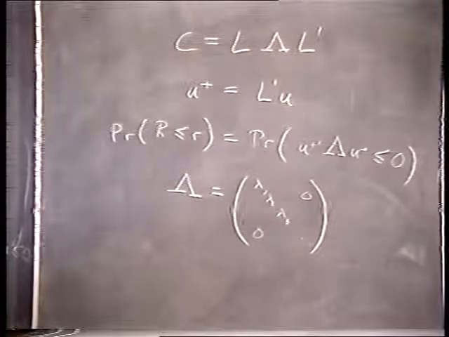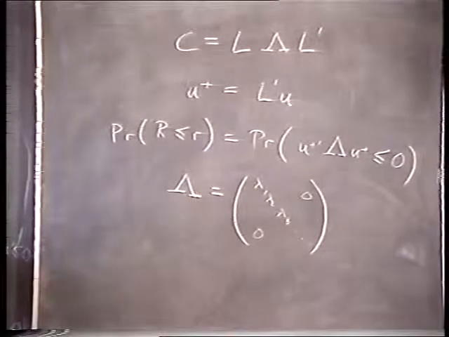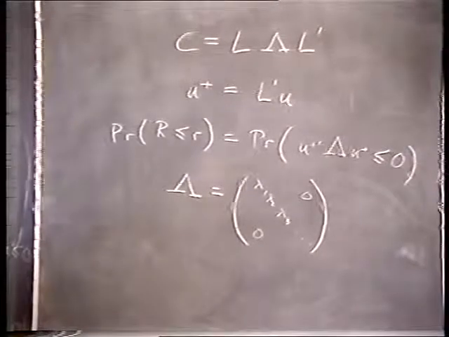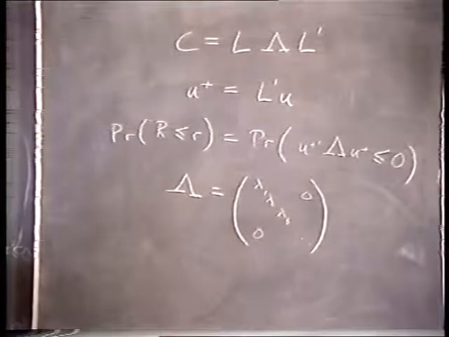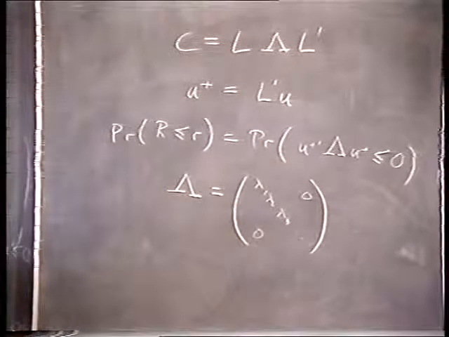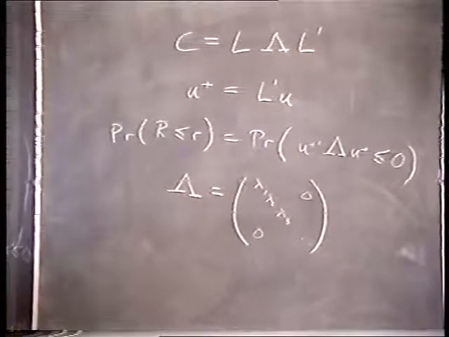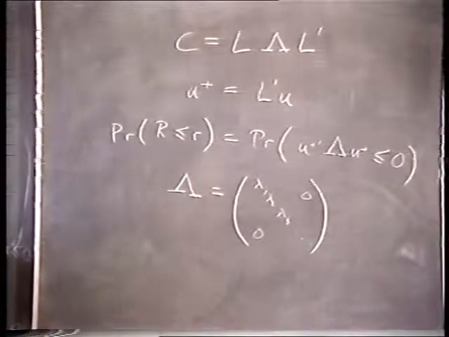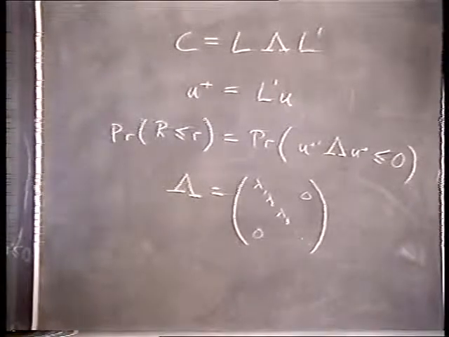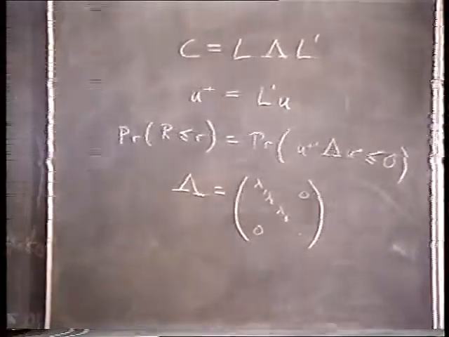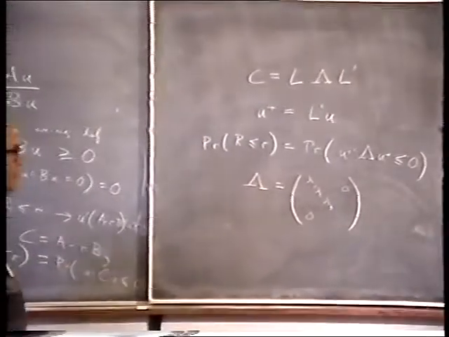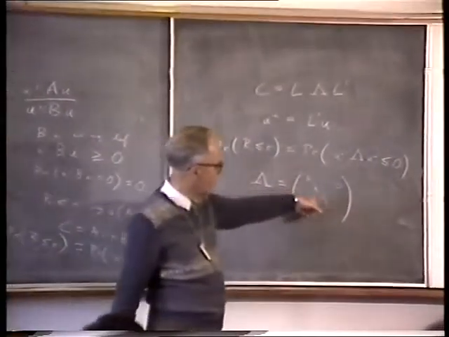In general, if R, A and B are non-negative definite, if R is positive, then in general you will find that you have positive and negative roots. If you make no restrictions about A being non-negative definite and allow it to be simply symmetric, then again you can have positive or negative roots.